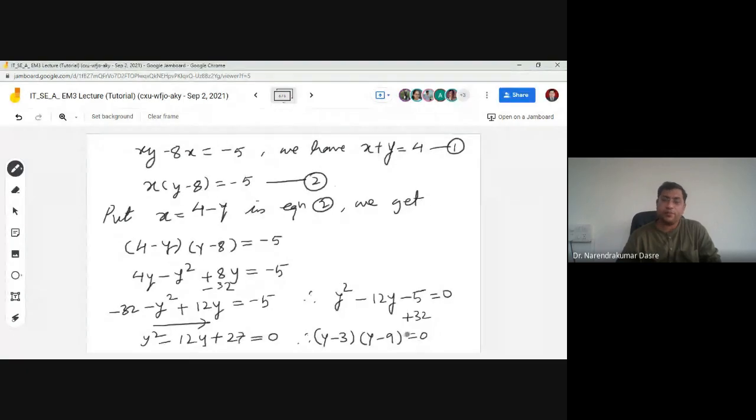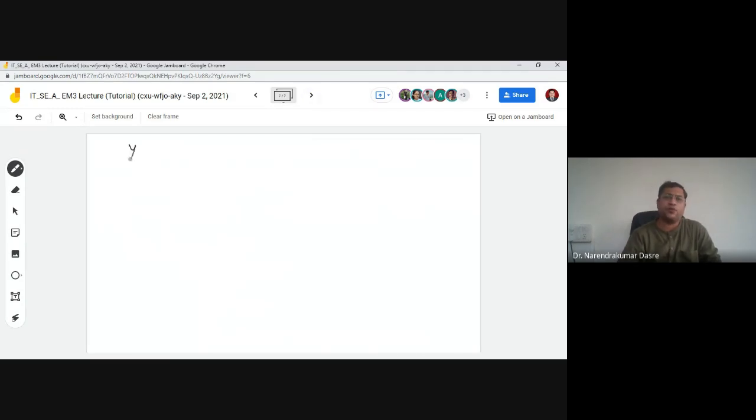Are you getting this factorization? Yes, sir. Okay. So we got (y minus 3) into (y minus 9) is equal to 0. So we can have y is equal to 3 or y is equal to 9.